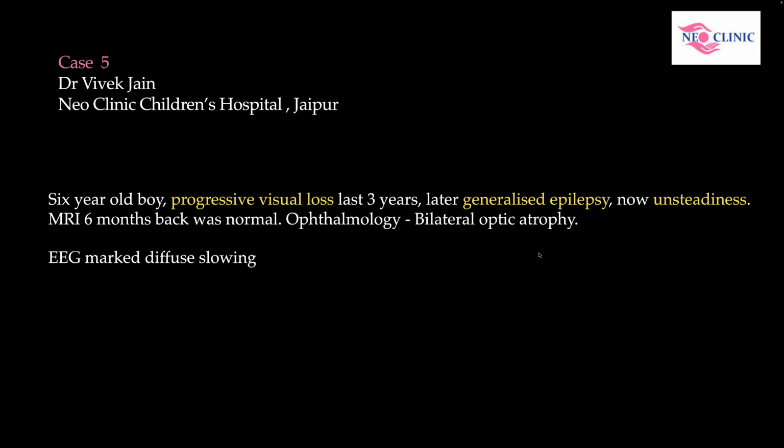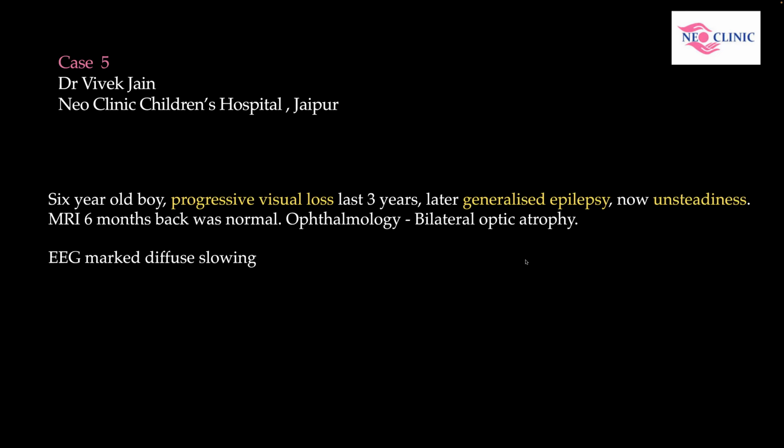So you have a boy with likely a retinopathy, now a normal MR, and now unsteadiness. This is suggestive of juvenile NCL. This is high on the list in my mind. And MR is normal initially. You could look for vacuolated lymphocytes as a screening, and then you need genetic confirmation.